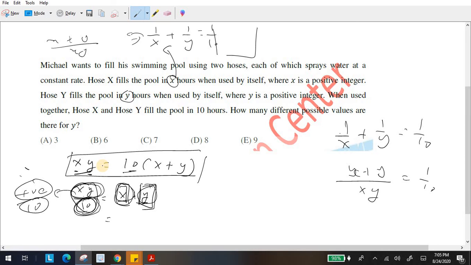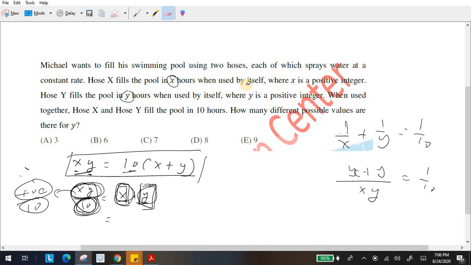Let's see. 6, 2, 180, 10. About 20 times. No, we did. 2 times 25.